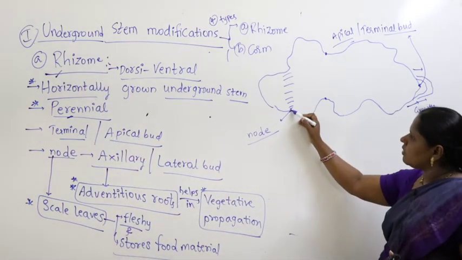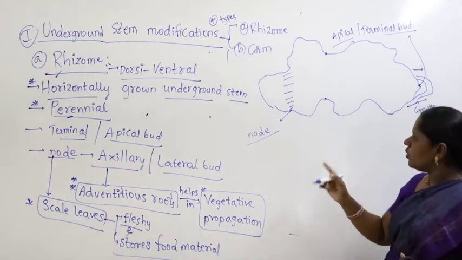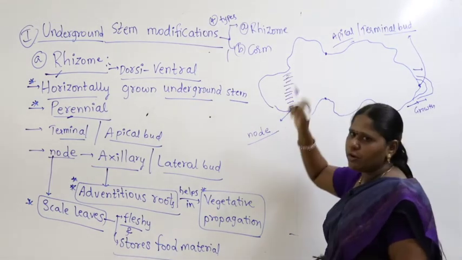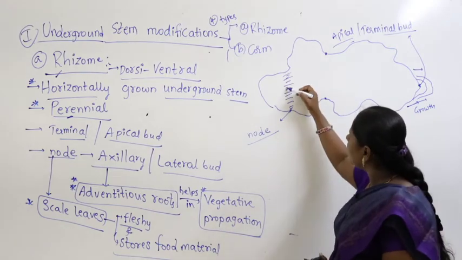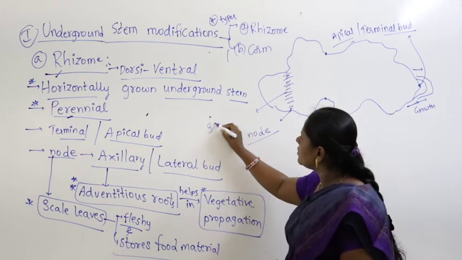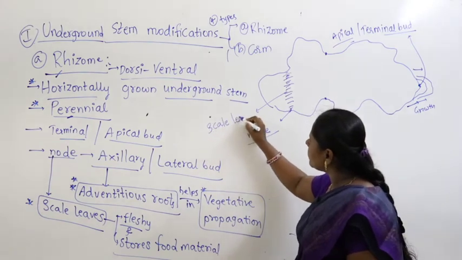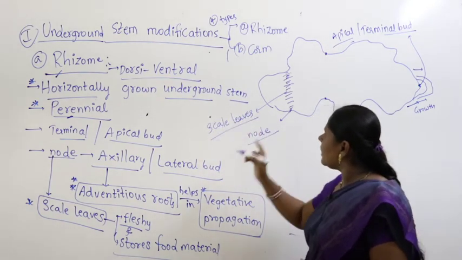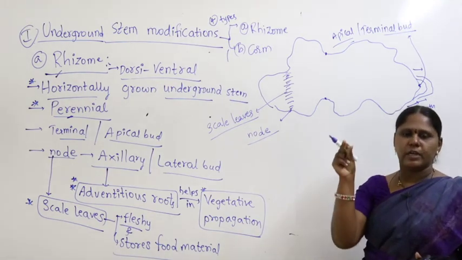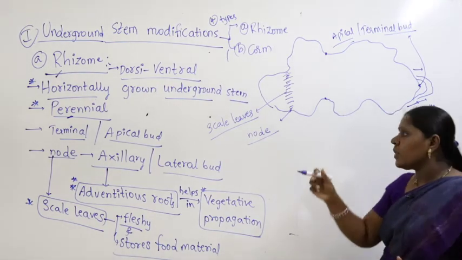Now this part is called what? Node. Node contains what? If you observe ginger, you can see lines very clearly. These lines are nothing but reduced scale leaves. Simply take the ginger into your hand.